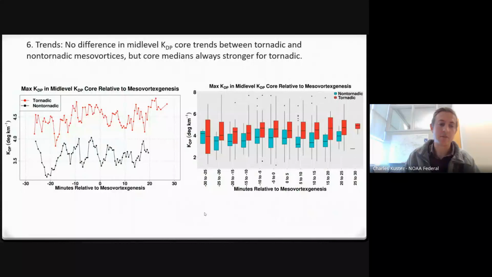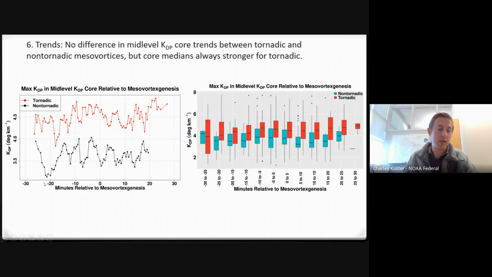All right, so trends. Super important to look at trends. This is basically just showing the observations of mid-level KDP cores for tornadic in the red line and non-tornadic in the black line over time relative to the mesovortex development. So 0 here is when the mesovortex developed.